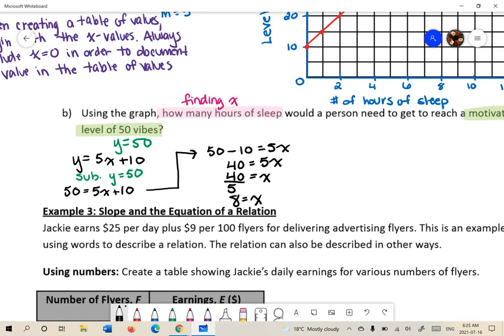So 8 is equal to x, which means that you would need 8 hours of sleep in order to have a motivation level of 50 vibes.